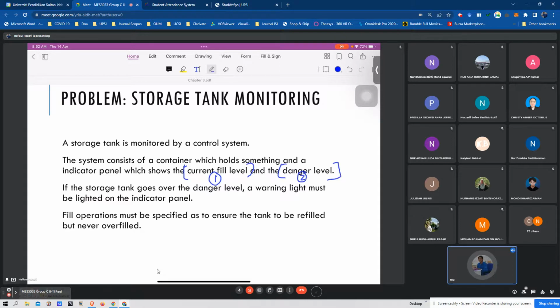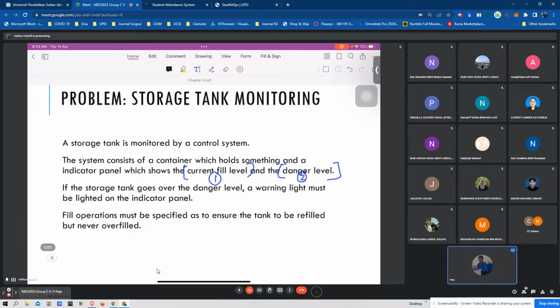We have an invariant, which means it is associated with the predicate. If the storage tank goes over the danger level, then a warning light must be lighted on the indicator panel, and then the fill operation must be specified so as to ensure the tank is refilled but never overfilled. This one is another function.